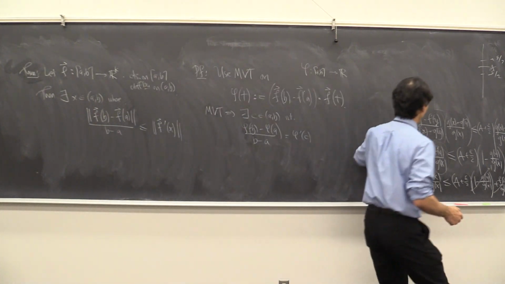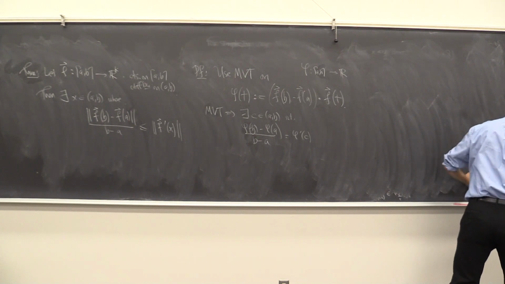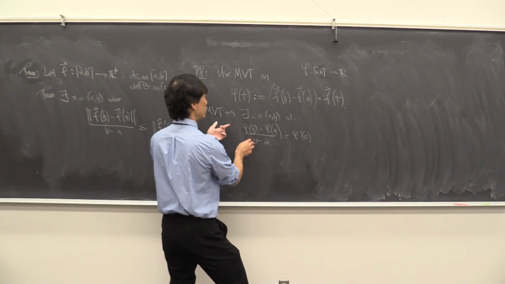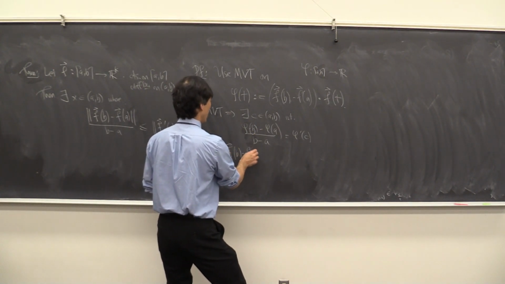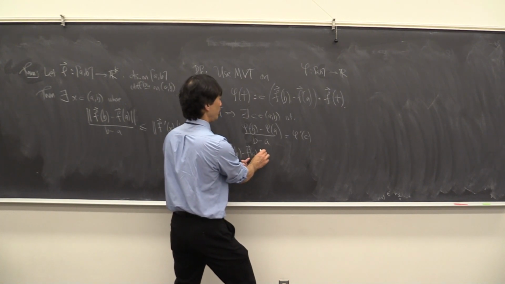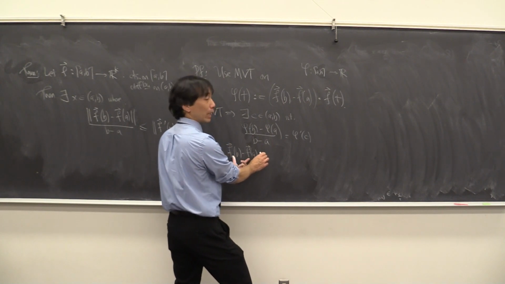But what does that mean? Well, phi of b minus phi of a is just f of b minus f of a dotted against f of b, minus the same thing dotted against f of a.